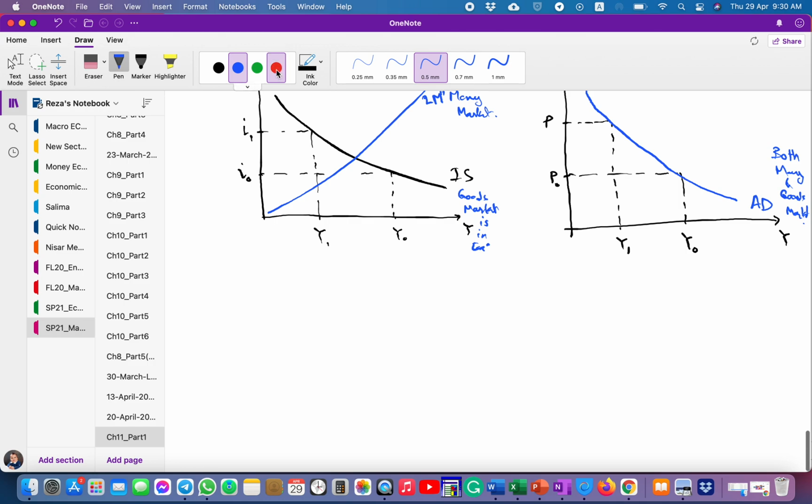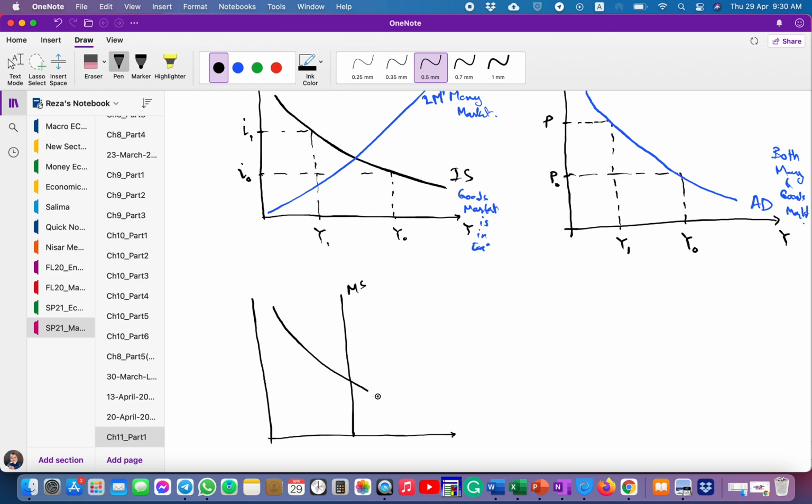If interest rate goes up, okay, I bring the money market here. Sorry, it's a little bit messed up. Money supply and money demand.